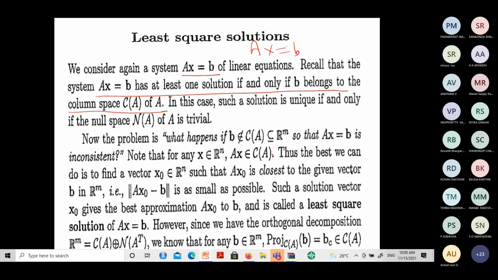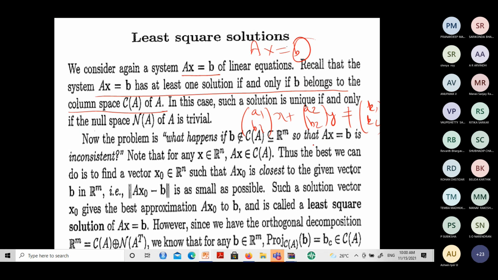All the three equations are linearly independent. So it leads to a linearly independent solution. Okay. So what happens if B does not belong to column space of A? B does not belong to column space of A means I cannot write A1 B1 into X, A2 B2 into Y. This is not equal to what?